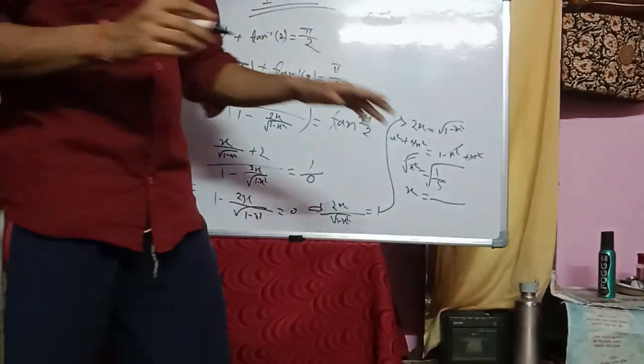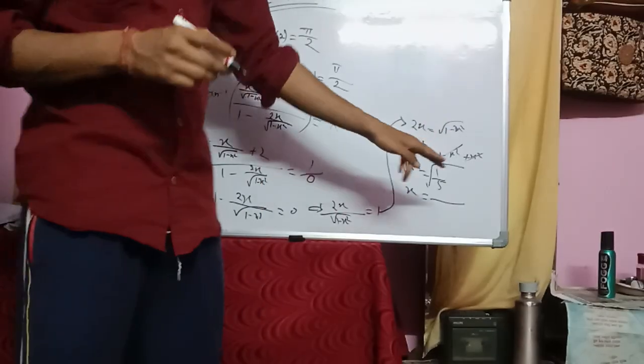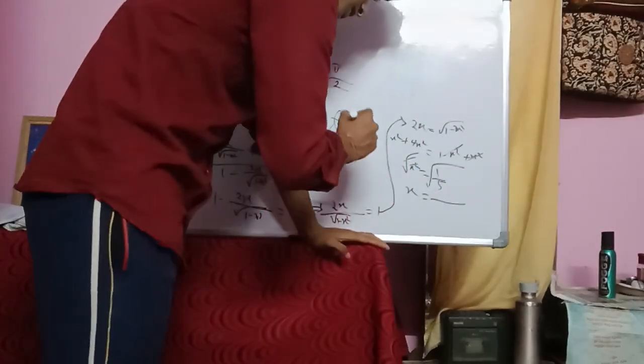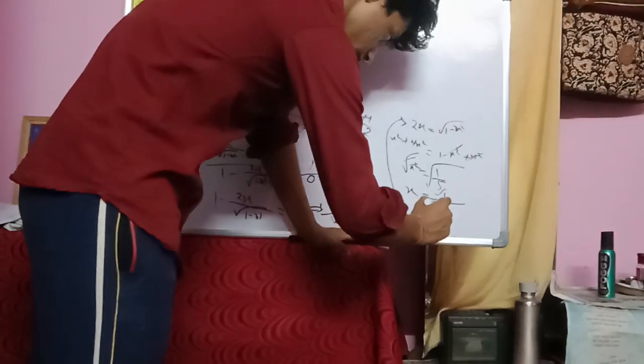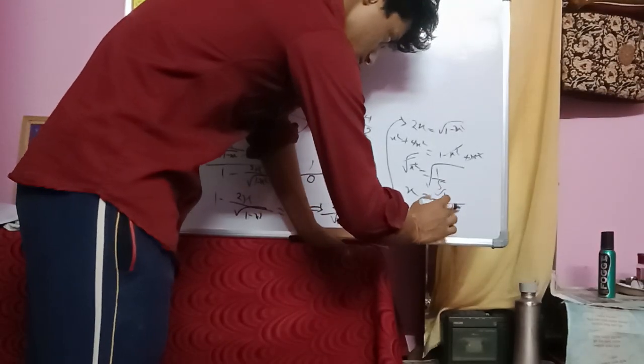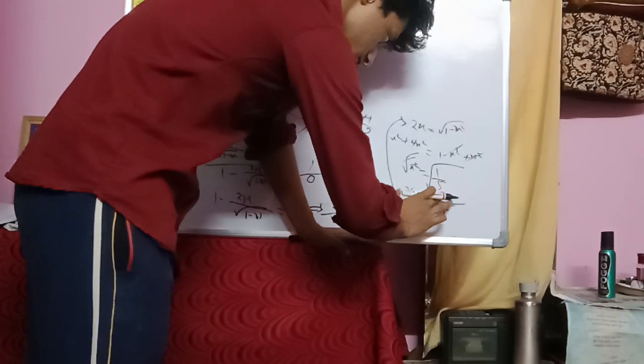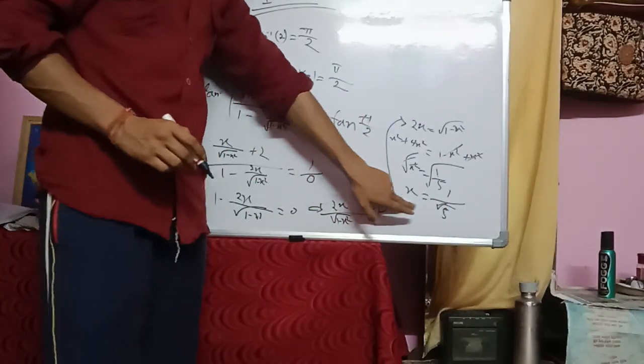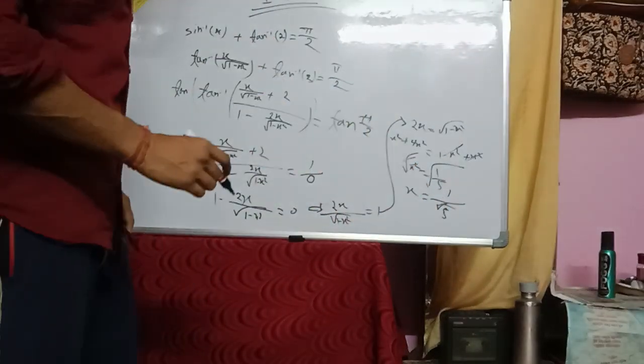The root applies to both the numerator and the denominator, so we have root 1 over root 5. Root 1 is just 1. So the final answer is x equals 1 over root 5.